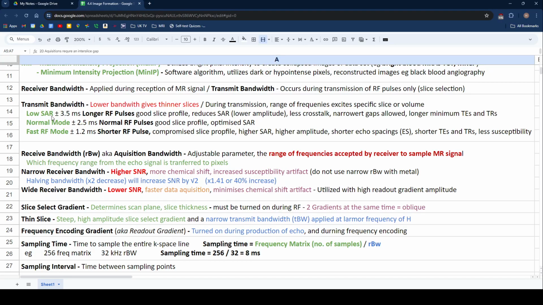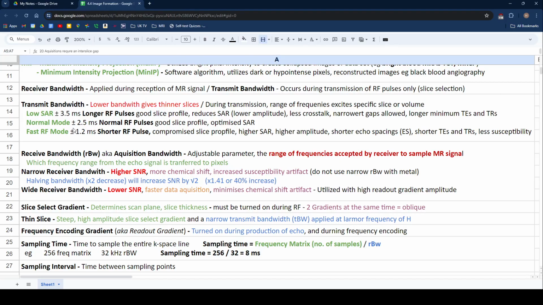A low SAR mode is plus or minus 3.5 milliseconds. It has longer RF pulses, good slice profile, reduced SAR because they're lower amplitude, less crosstalk, narrower gaps allowed, and longer minimum TEs and TRs.